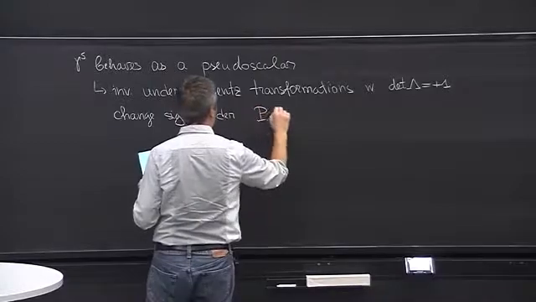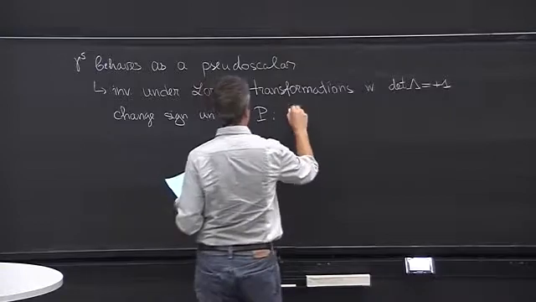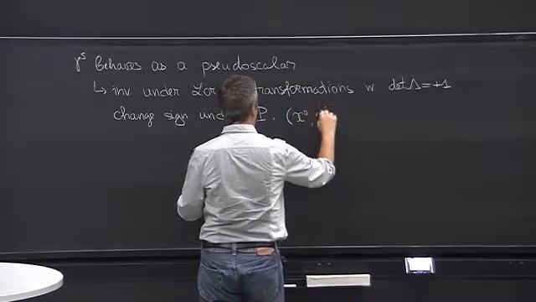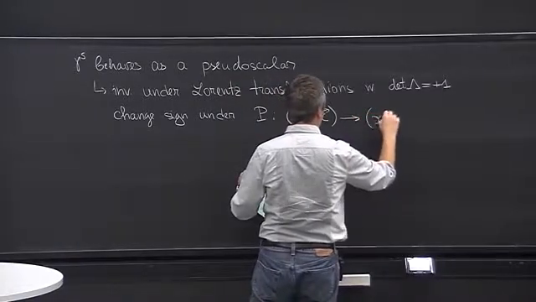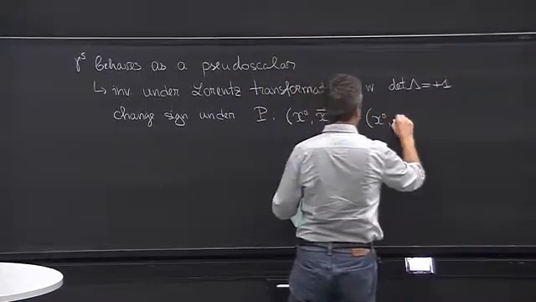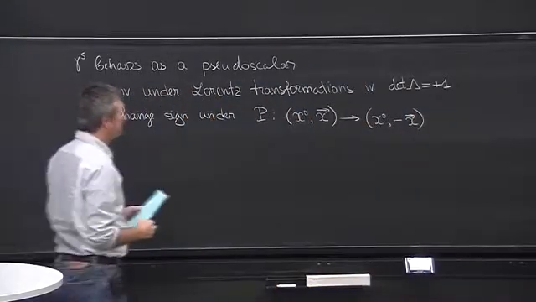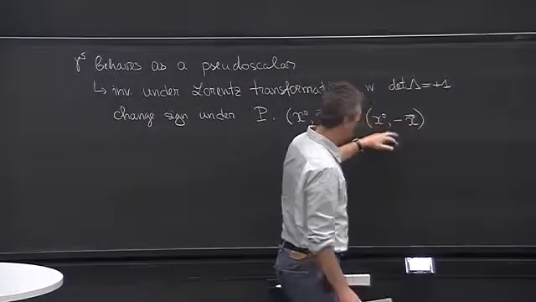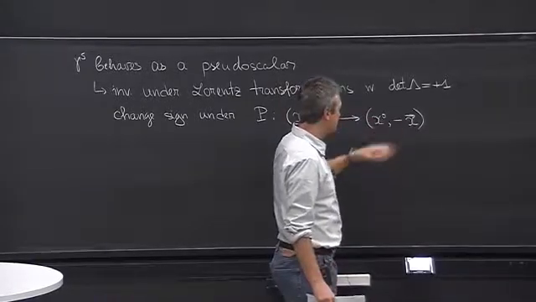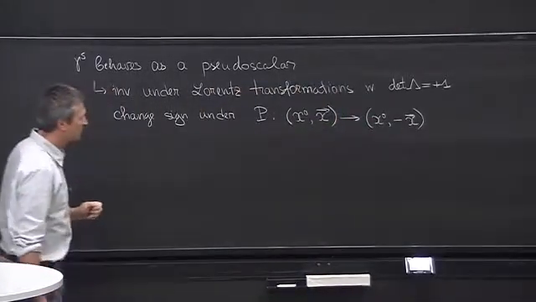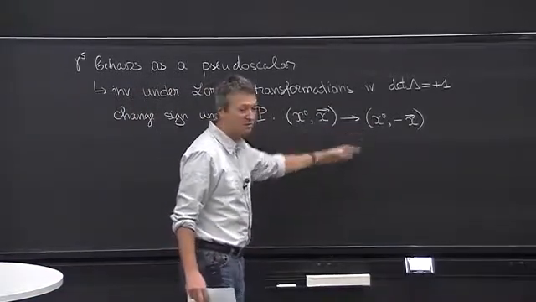Parity is a transformation that maps a 4-vector to a 4-vector that has the same time component, but makes a mirror transformation on the spatial components. So this obviously doesn't belong to this class of transformations because its determinant is -1.